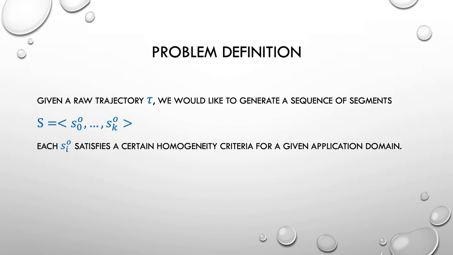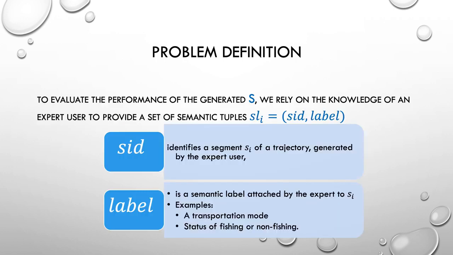We formally define trajectory segmentation as an approach to divide an ordered set of trajectory points, called raw trajectories, into subsets of ordered sets of trajectory points so that each subset satisfies a specific criteria.